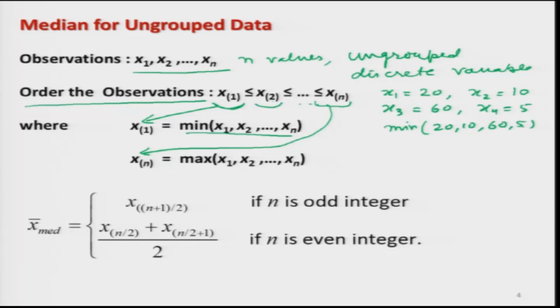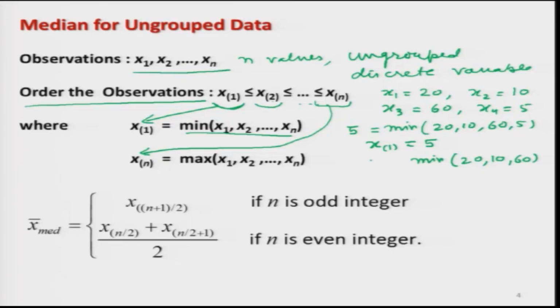So, this is 5. So, the first ordered value, which I denote as x inside the bracket 1, becomes 5. And after that, once again I find the minimum value among the remaining values, which are 20, 10 and 60.